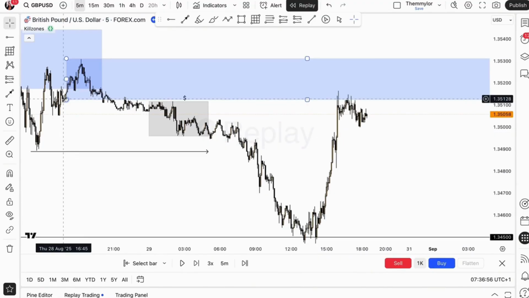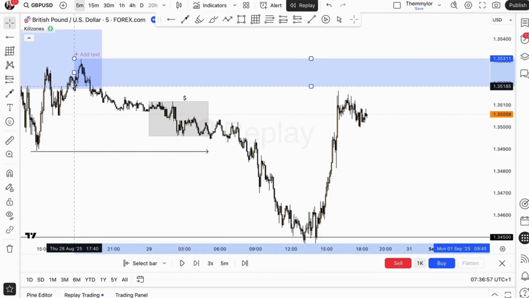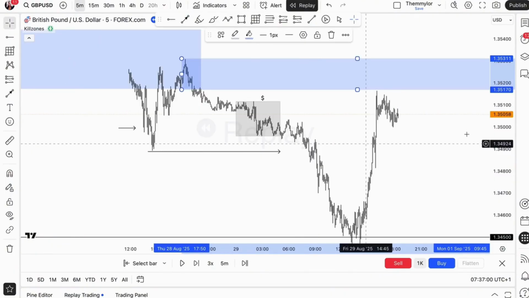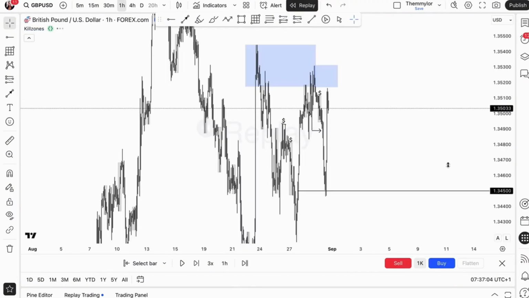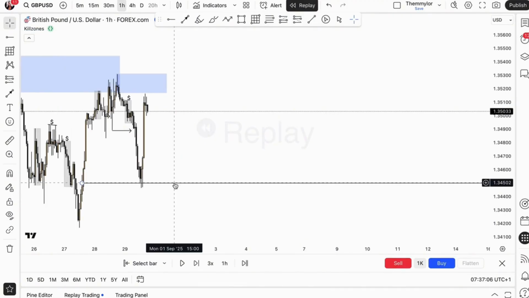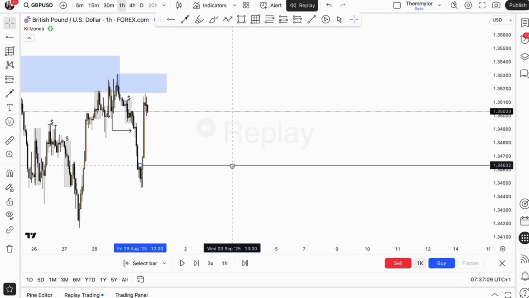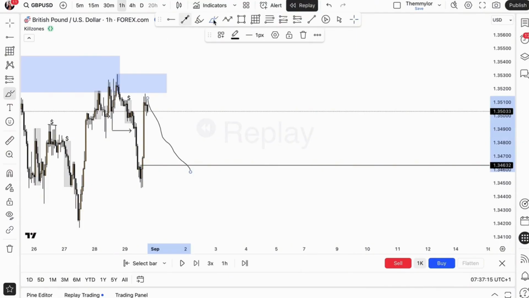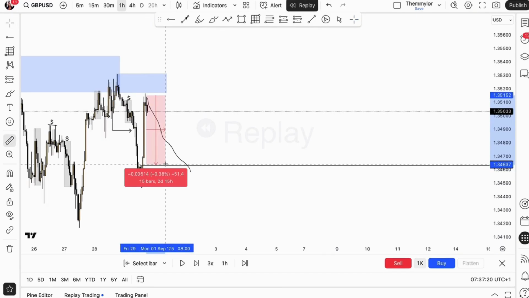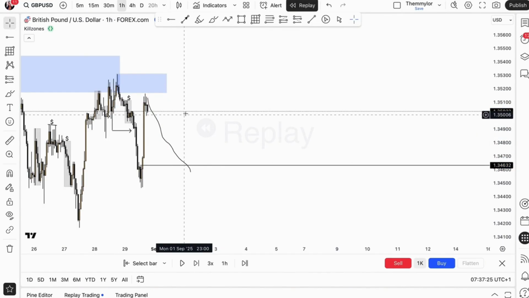Okay, we can see that we have this supply zone right there, with imbalance. And if you go back to the 1 hour time frame, yet again we've created another level of imbalance that price might still ride back into, and that is about, let me see, from this particular level to this level, about 50 pips thereabouts, which one can capitalize on.